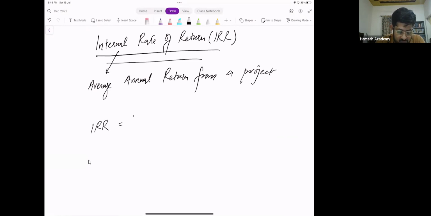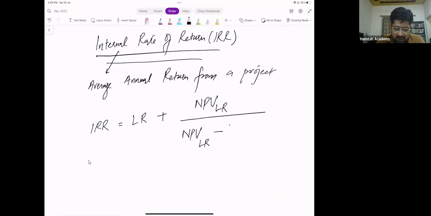IRR is equal to lower rate of return plus NPV at lower rate divided by NPV at lower rate minus NPV at higher rate, into higher rate minus lower rate. This is the IRR formula. Please note it down, everyone.